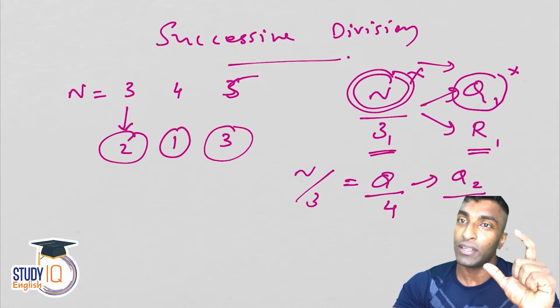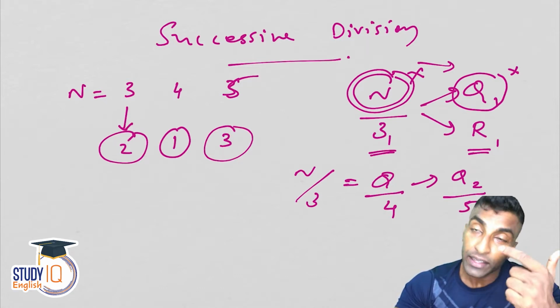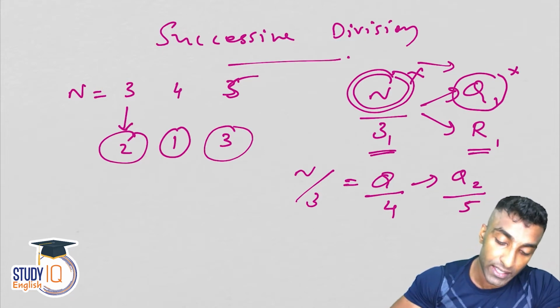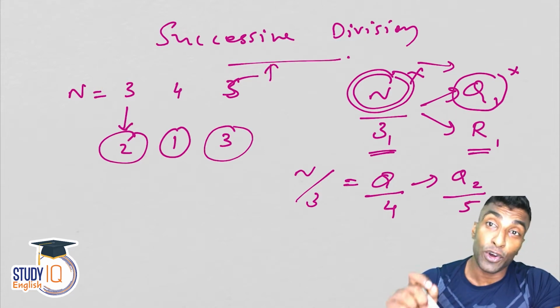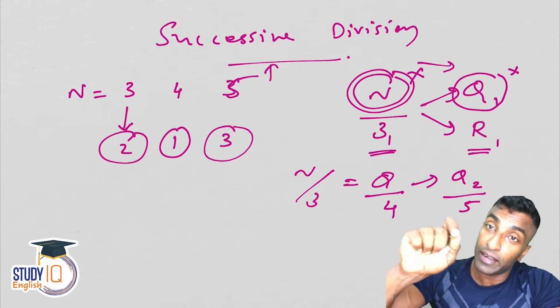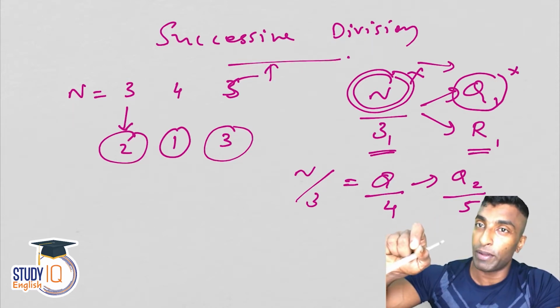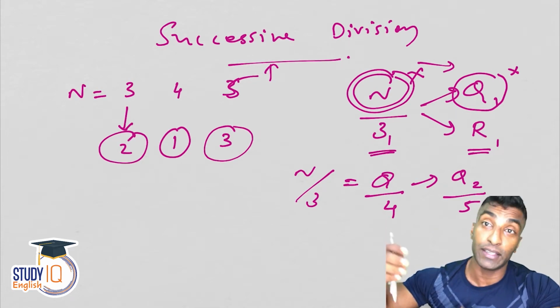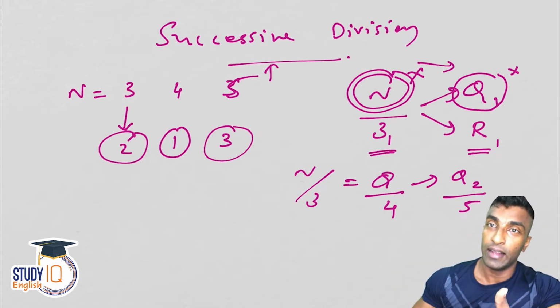So I repeat the question, a number when divided by 3, 4, 5 successively, that word is very important, successive division. It's not that the number is divided by 3, the number is divided by 4, the number is divided by 5. Then it is a different type of division question, that I can solve differently.